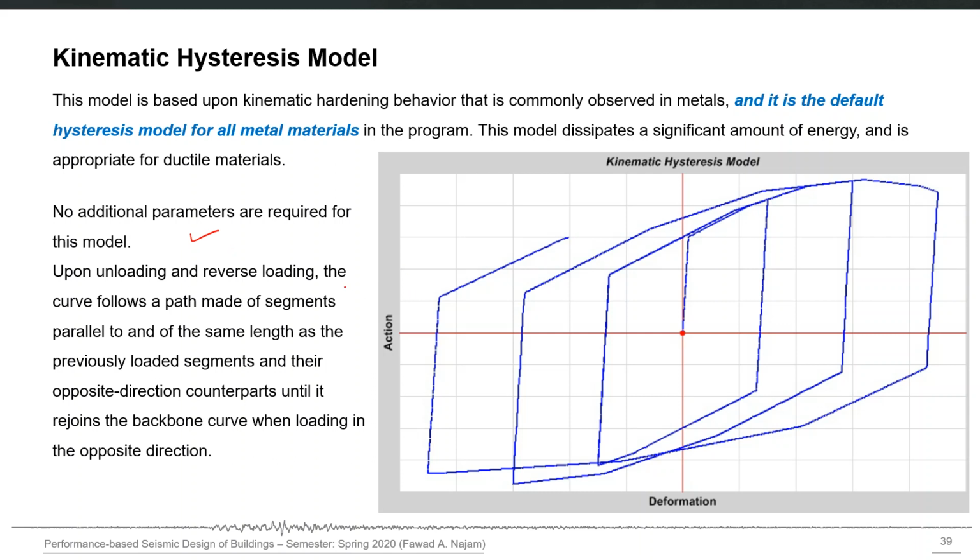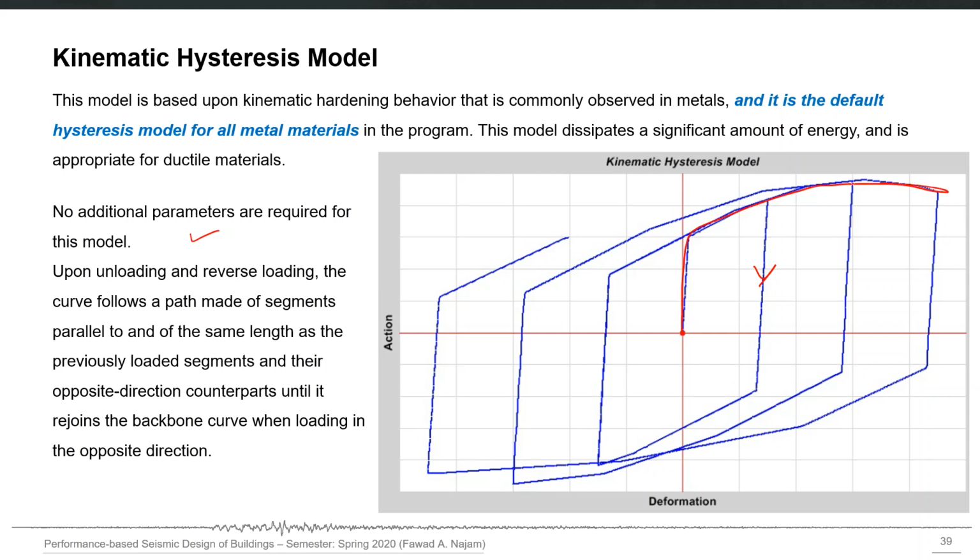Upon unloading and reverse loading, the curve follows a path made of segments parallel to and of the same length as the previously loaded segments and their opposite direction counterparts until it rejoins the backbone curve when loading in the opposite direction. So it unloads with the same stiffness and yields in the other direction, and every time it joins the same backbone.